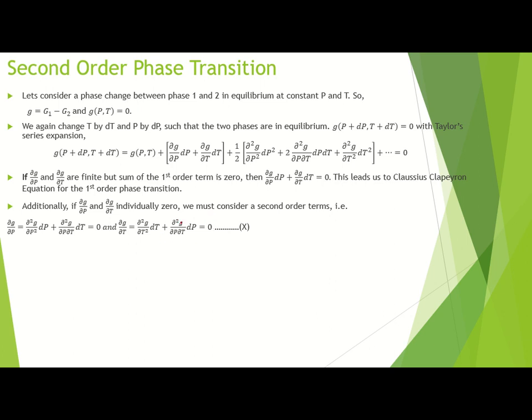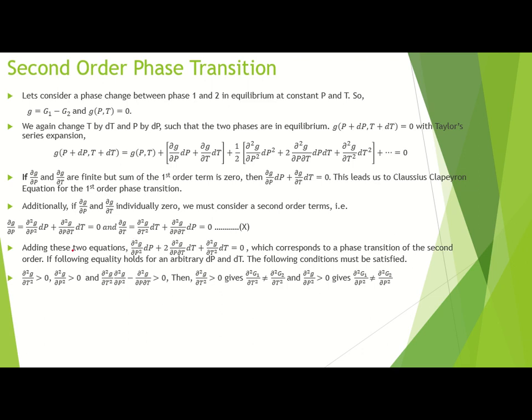Okay, so with this, they should be equal to 0, because we are saying that the first order derivatives of G with respect to P and T are individually 0. So if that is the case, then we can add them together, and then we will get this particular bracket, which corresponds to the phase transition of the second order.